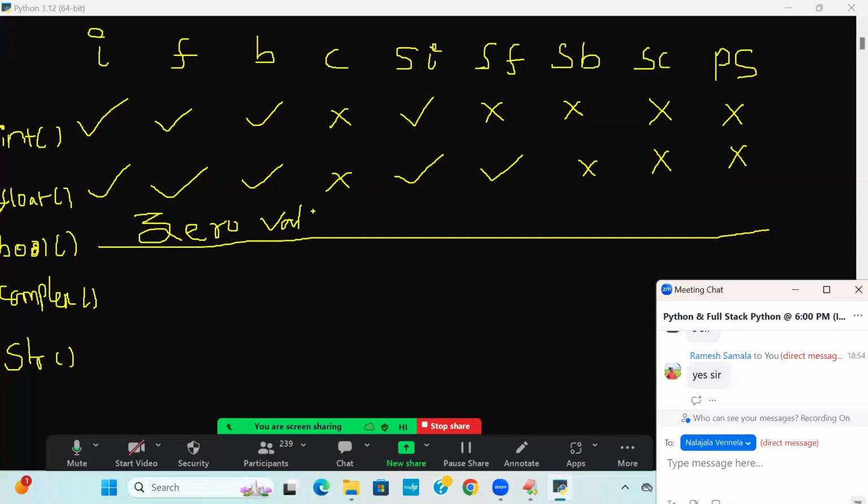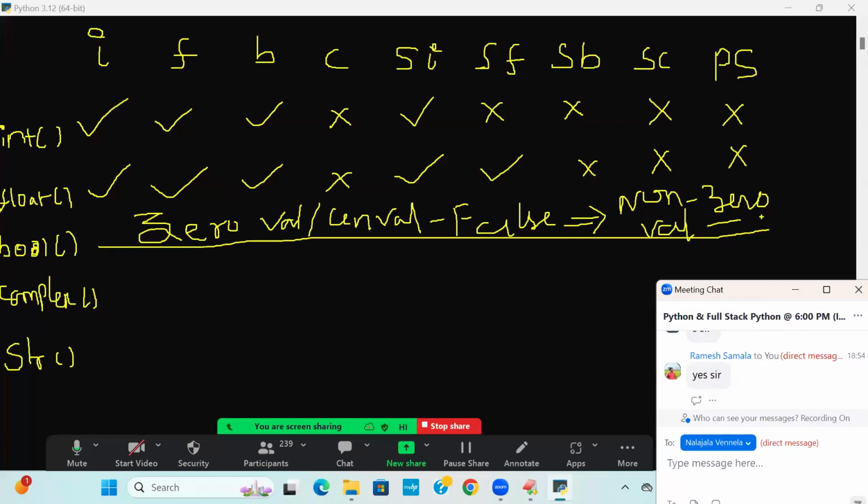Zero length value is called what? False. Correct or not? False. Next is called what? Non-zero value, students. What is it? True. I hope you are following me.